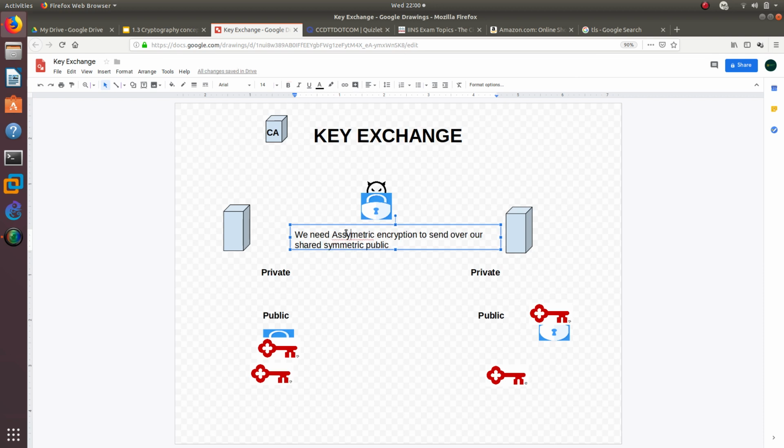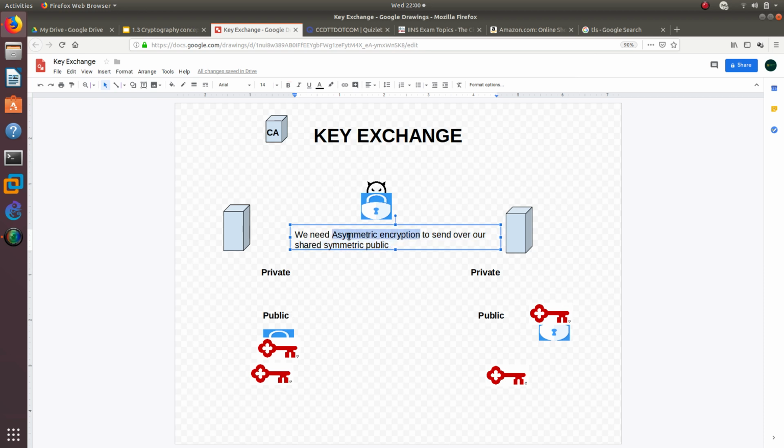So for us to send our shared symmetric public key, because we want to send a lot of data, we first need to send it via asymmetric encryption, which is more secure than just sending our public key by itself without first establishing an asymmetric encryption.